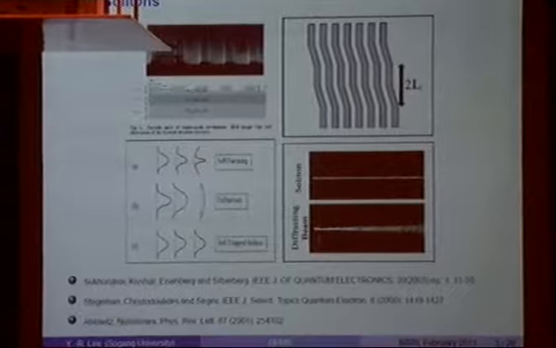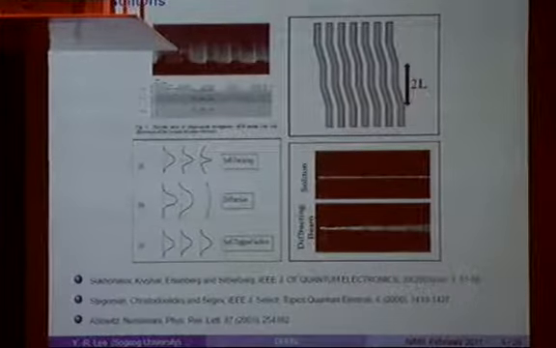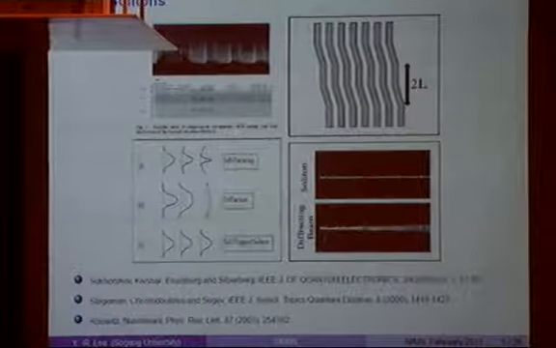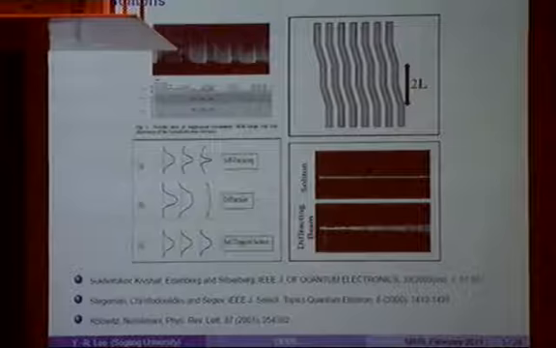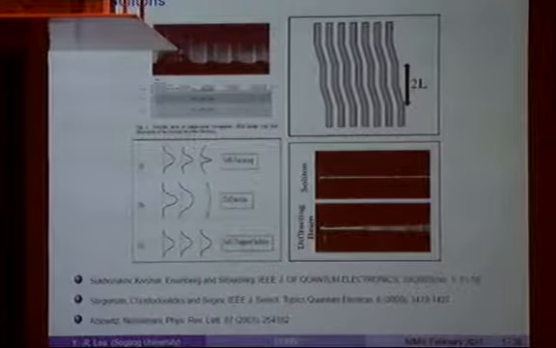Even if they change the material, it doesn't give a different type of diffraction. So how can they get different diffraction? They use geometry. Can you see we have some periodic structure like that, zigzagging style.